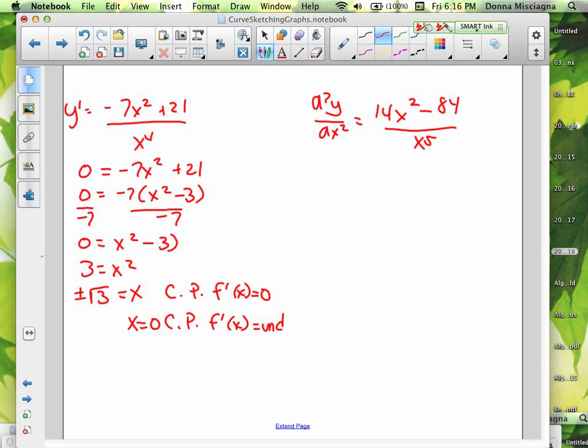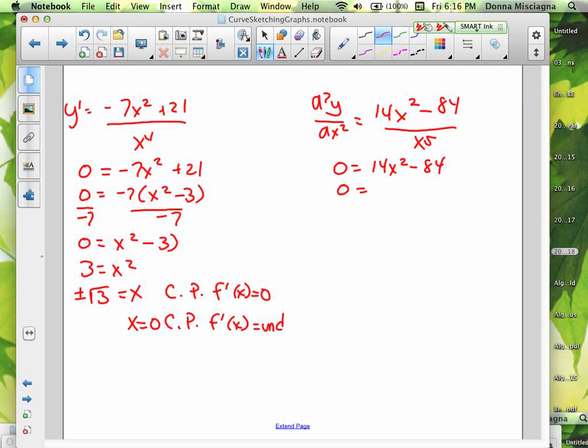Again, we're going to just set our numerator equal to 0. So 0 equals 14x squared minus 84. We could factor out the 14. I think 84 is divisible. Yes, it is.